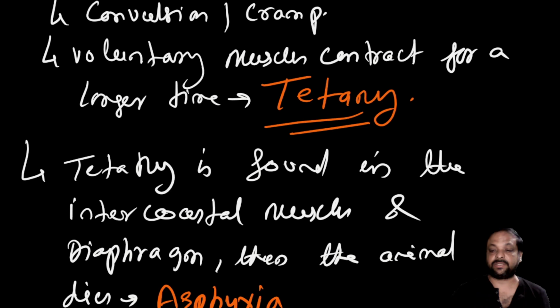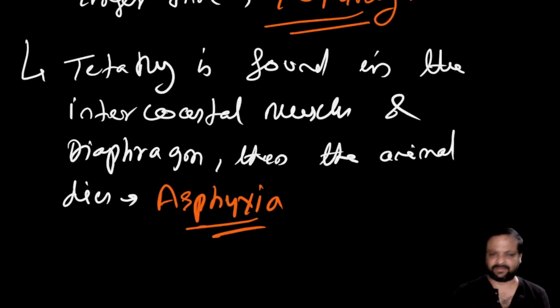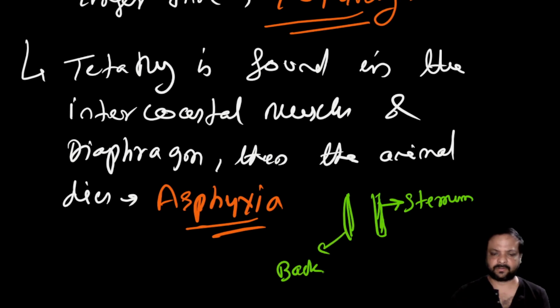The intercostal muscles normally, let's talk about it. Suppose this is the sternum and this is the backbone, and in between them we find the ribs.